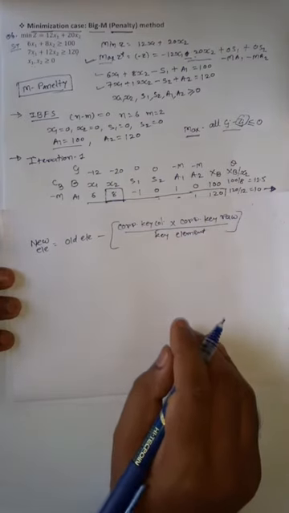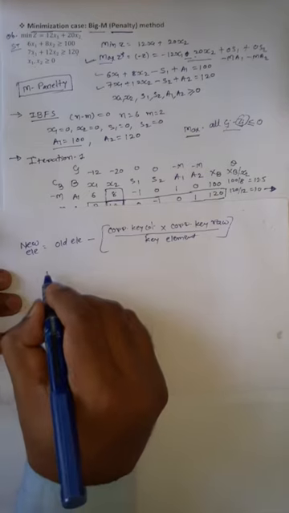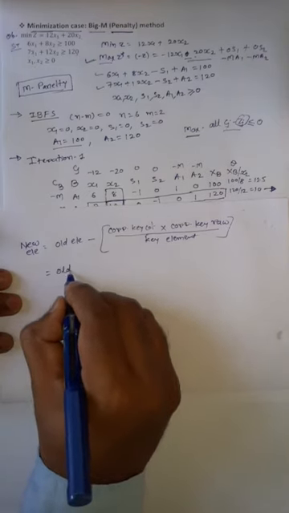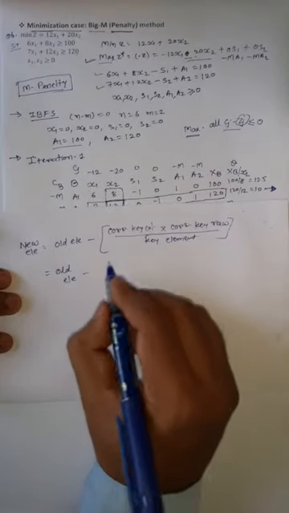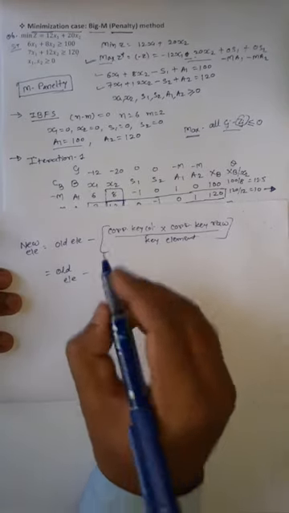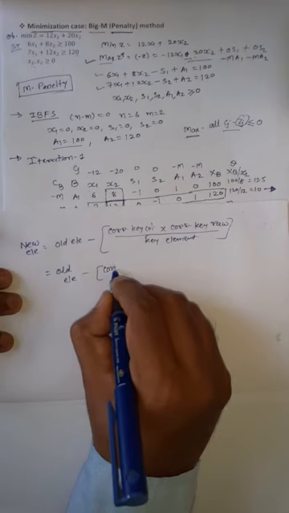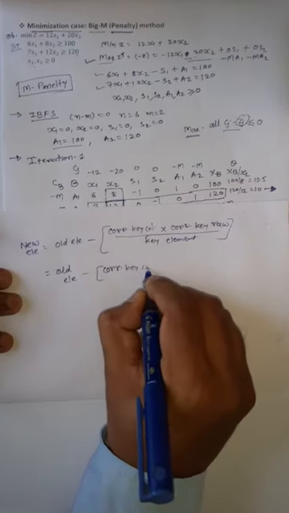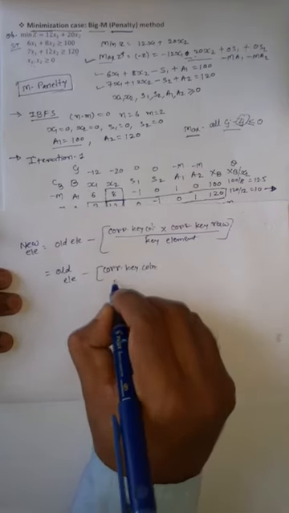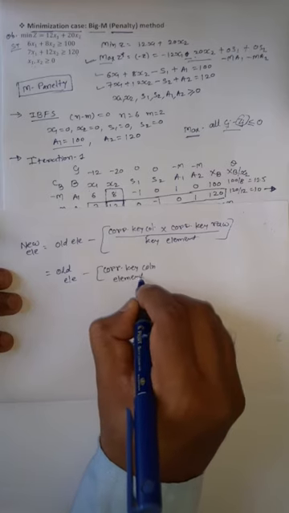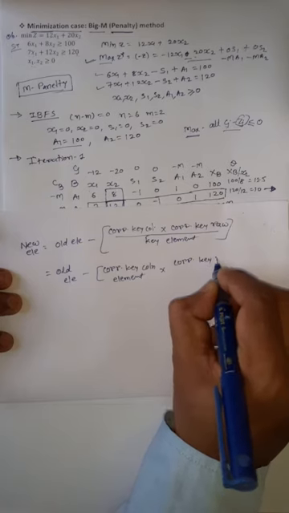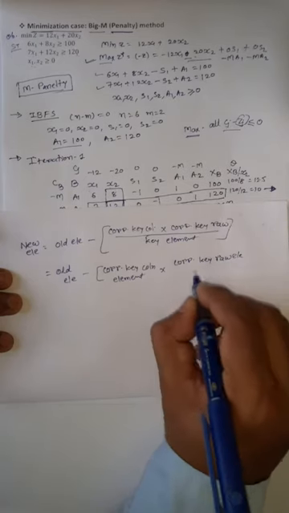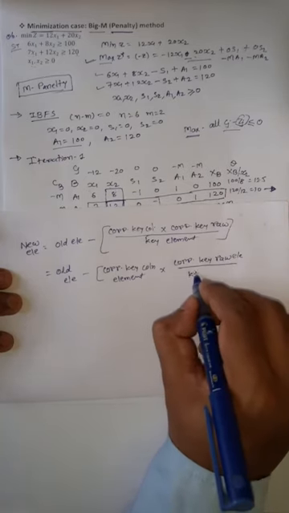But today we will use this equation with a little modification, in an easier way. We will rearrange this equation like this: corresponding key column element multiplied by corresponding key row element divided by key element.